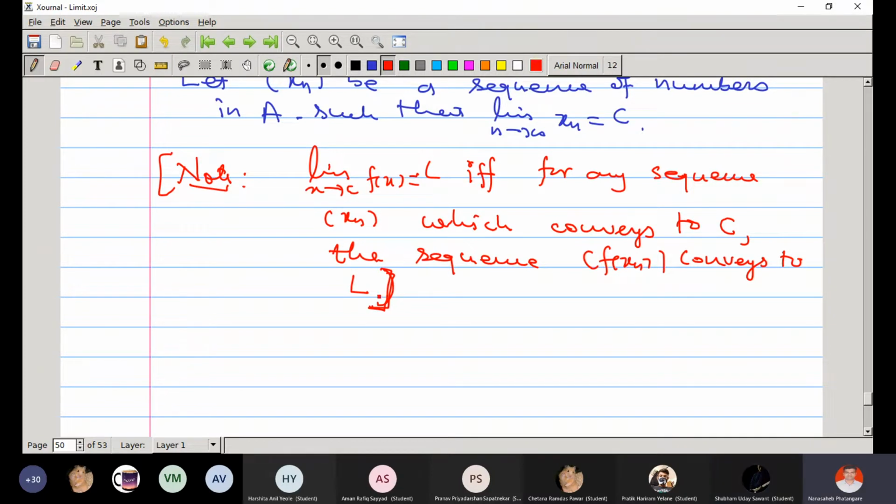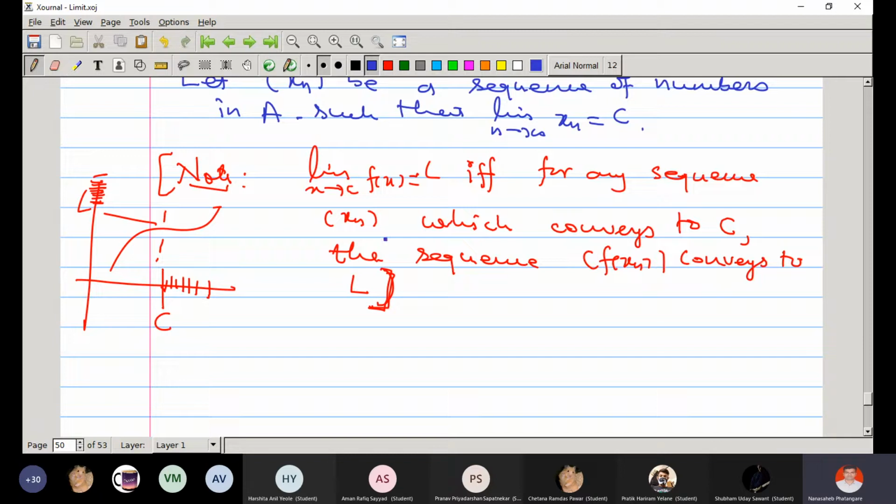So whatever sequence you select in the domain, any sequence x_n converging to c, at the same time f(x_n) converges to L in the codomain. This is equivalent for every sequence. It should not fail for any single sequence. Right? So what is your question? No, sir, it got cleared.